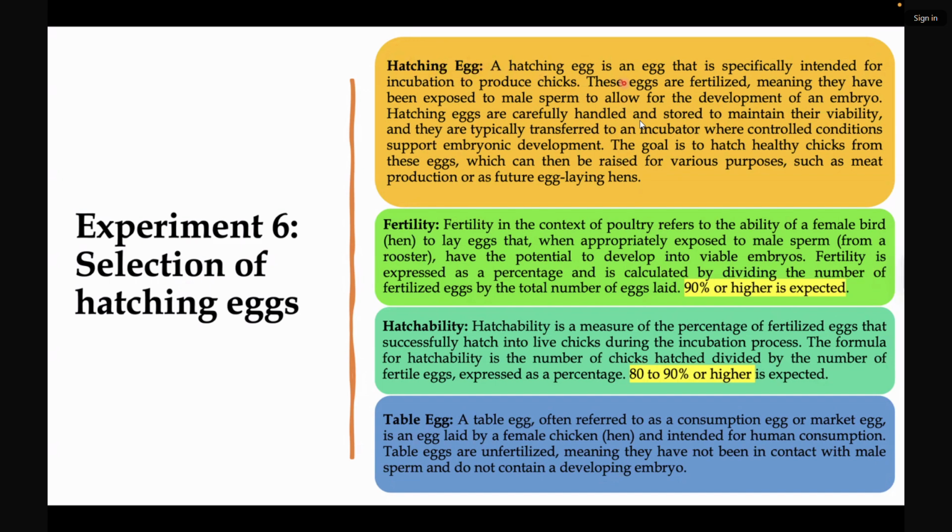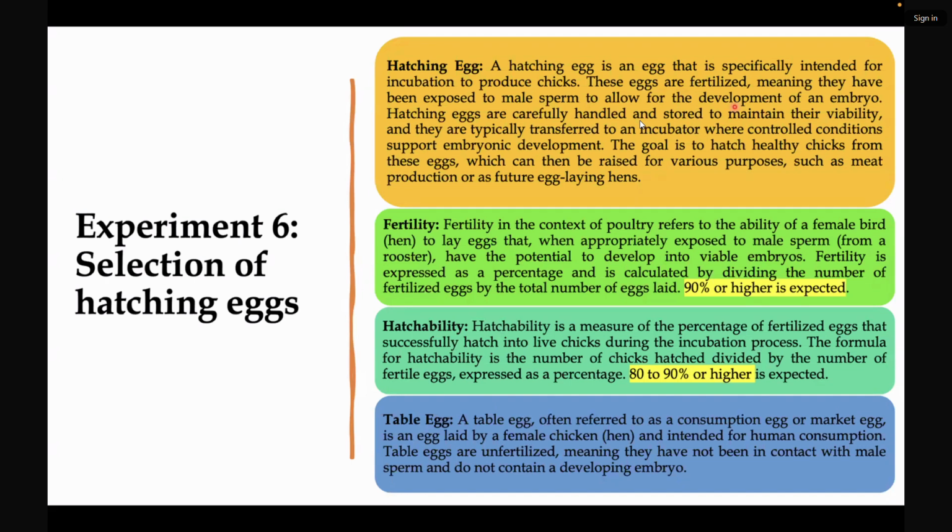So this is the definition or some description maybe. A hatching egg is an egg that is specifically intended for incubation to produce chicks. These eggs are fertilized, meaning they have been exposed to male sperm to allow for the development of an embryo.